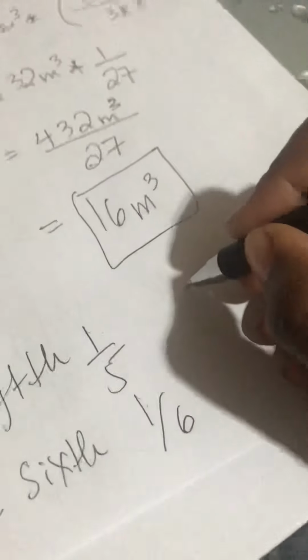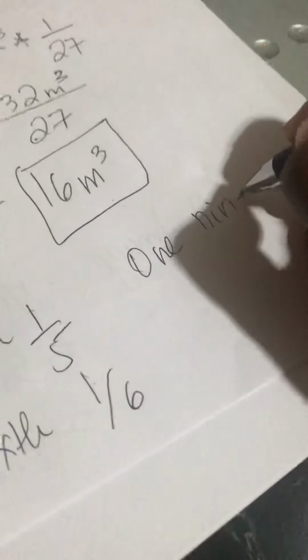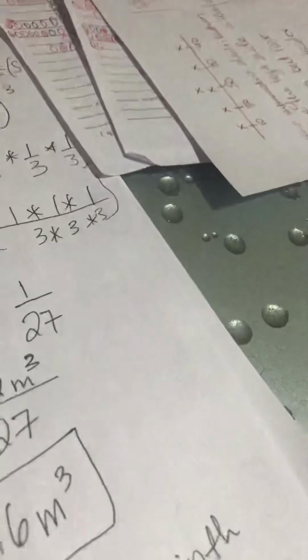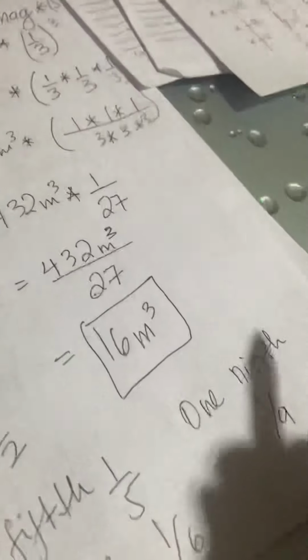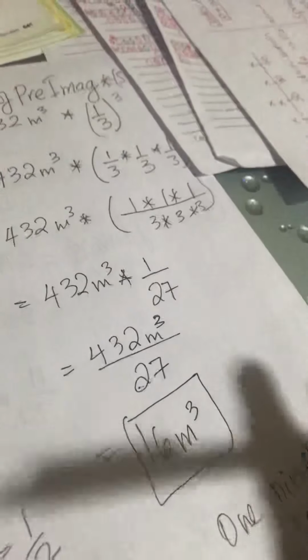Like that. 1/9 is 1 over 9. Like that. 1/10, 1 over 10. 1/11, 1 over 11. Like that. Please read correctly. The minute you read wrongly, your answer will not be correct.